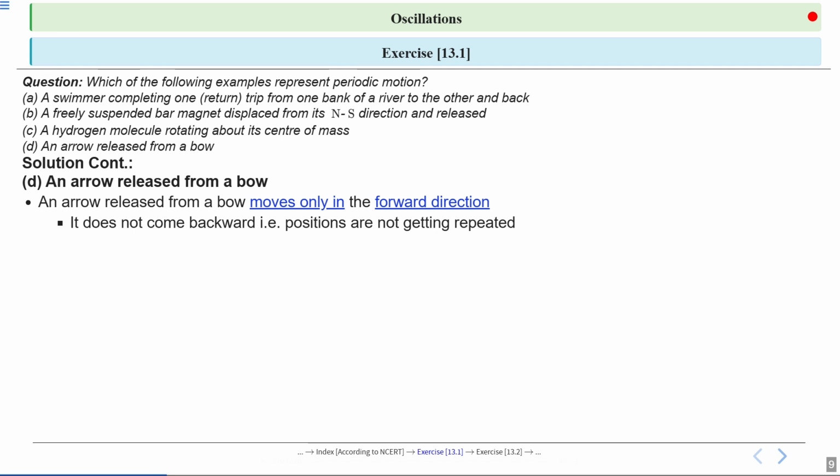Because the arrow does not come back or repeat its position, its motion is not periodic. Periodic motion requires the object to return to its original position after a fixed interval, and that's not happening here. So, we can say the motion is not periodic.